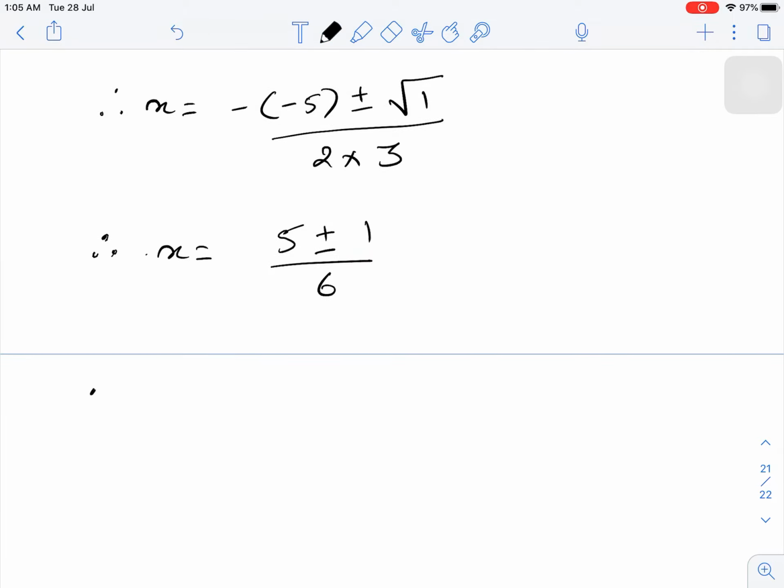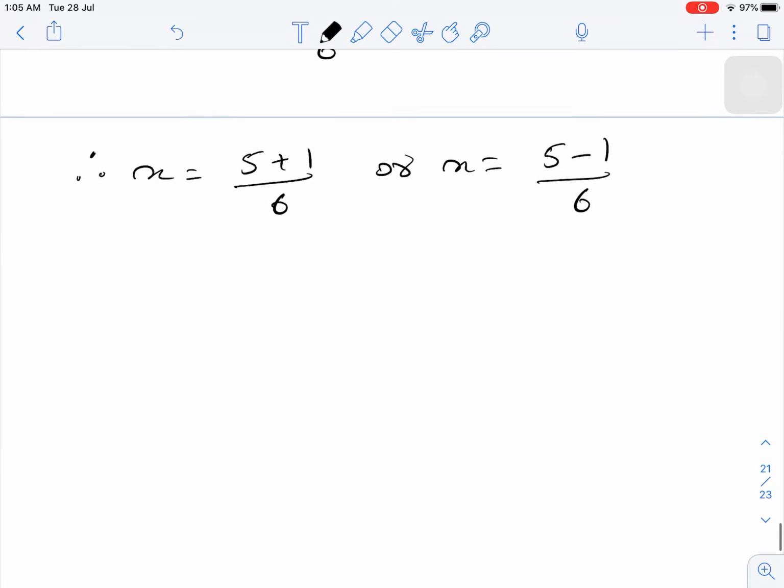So x may be equal to 5 plus 1 upon 6, or x may be equal to 5 minus 1 upon 6. So you will get x equals 6 upon 6, or x equals 5 minus 1, which is 4 upon 6.